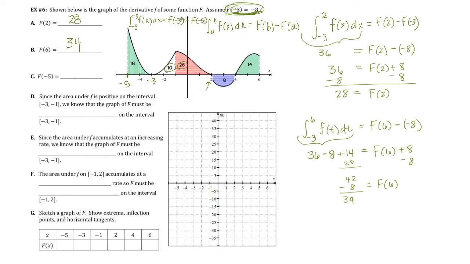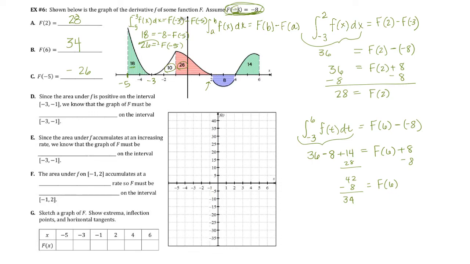Let's see what we know from -5 to -3. That's going to be 18. So we know that much is 18. It's going to be equal to -8 minus f at -5. So we're going to add our 8 over. So that's going to give me 26 equals negative f at -5. So we're going to move that negative over, and so we have -26.